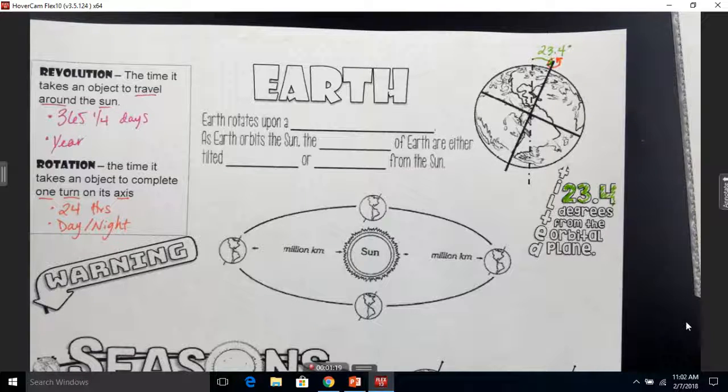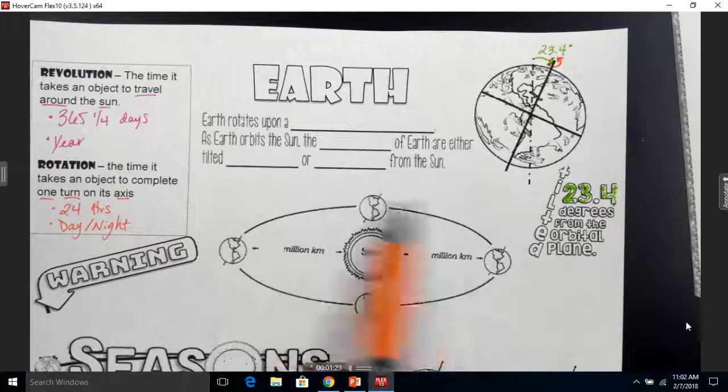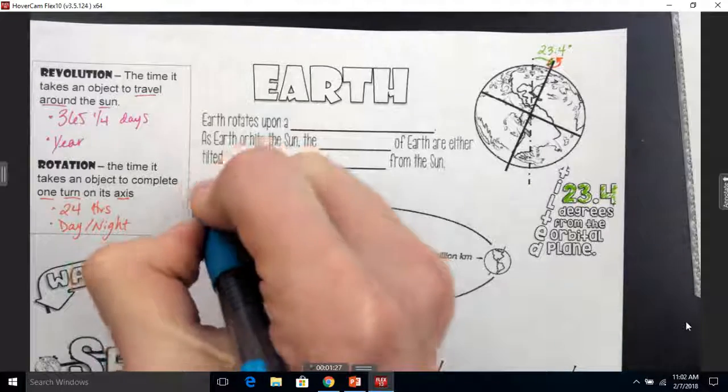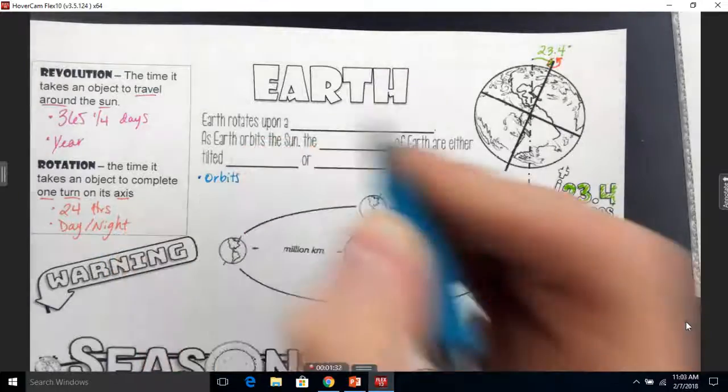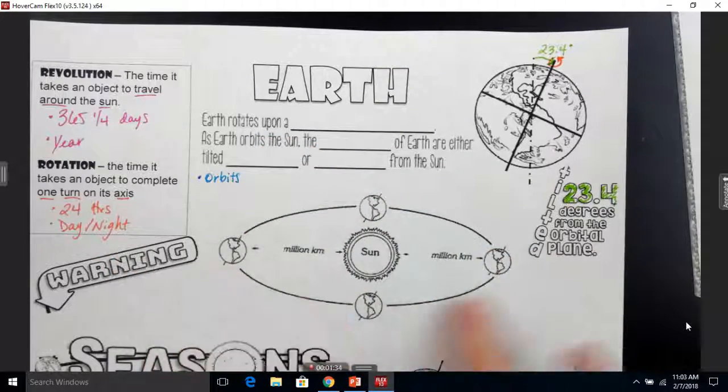Okay. This is him orbiting. How does he orbit? Revolution. That is called revolution. Do you know what this orbit is called?